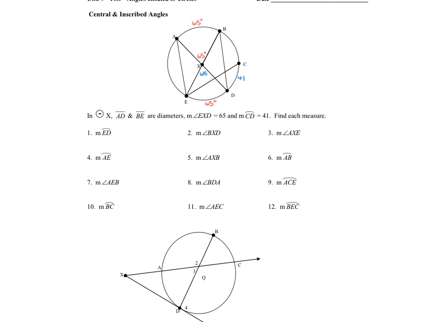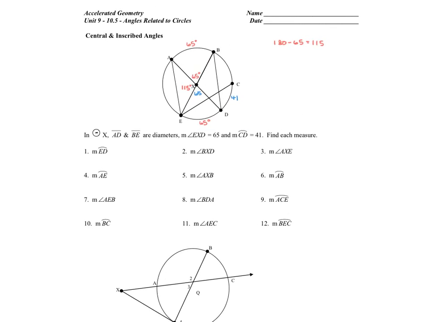If I go back to linear pairs, then I know that angle AXB and angle AXE must equal 180 degrees. So if I take 180 degrees and subtract 65, then I know that the measure of angle AXE is 115 degrees. And again, because angle AXE and angle BXD are vertical angles, angle BXD is also 115 degrees.